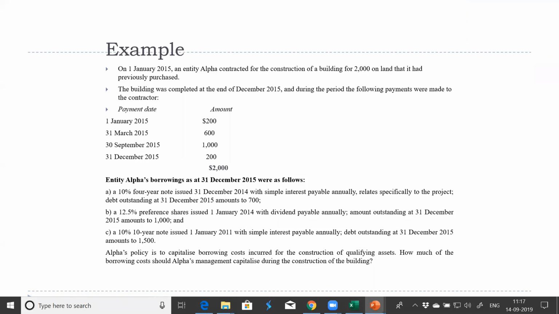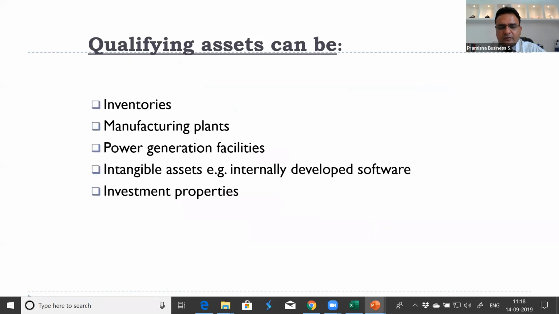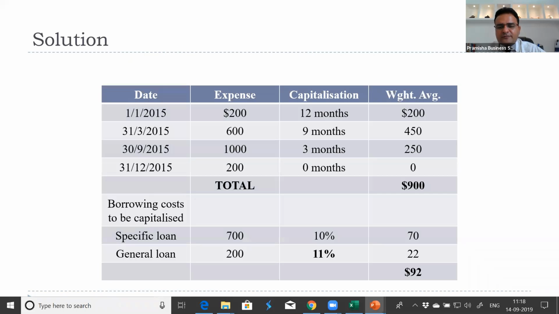Out of 700, 200 you've used, but 500 is idle with you. You also have a choice in money management that you can invest it temporarily. And if you invest it temporarily and get some interest income because of that, it will also reduce your borrowing cost.